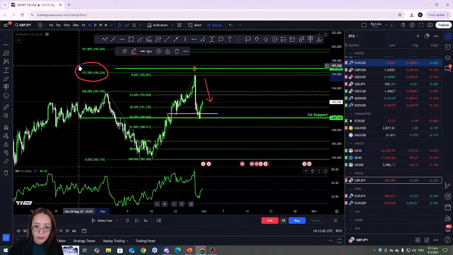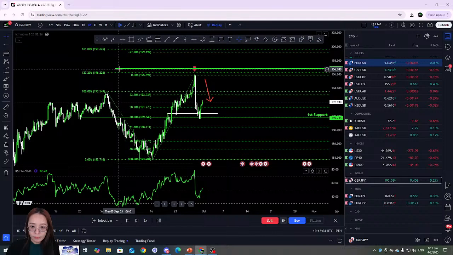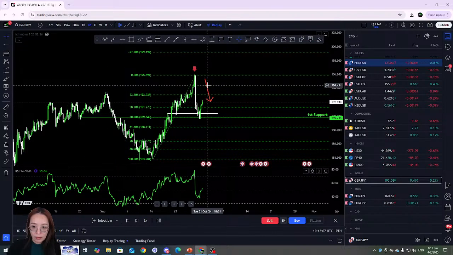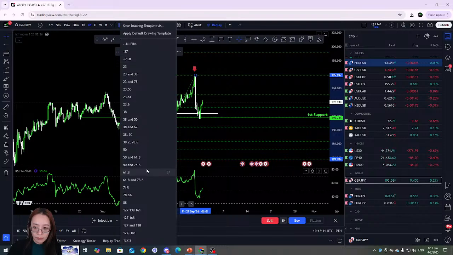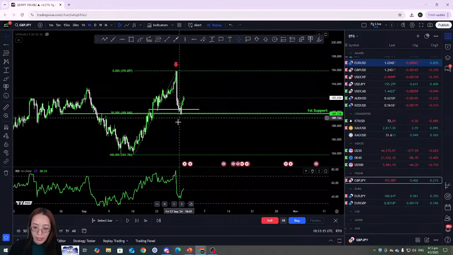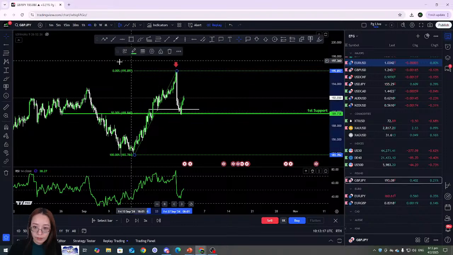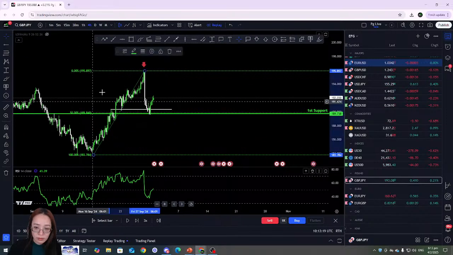Now for the buy. So now we sell, and after that we buy at our pullback support with 50%. Now you buy here. Where are you going to place the stop loss?